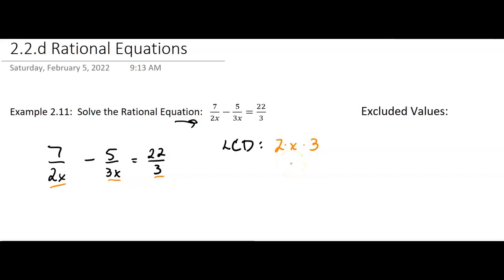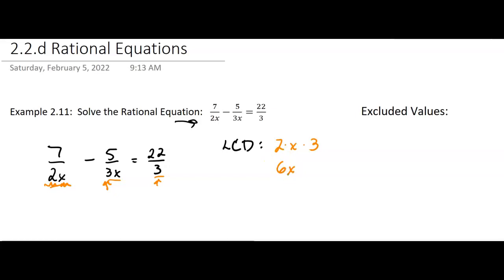But here I need a factor of 3 because I didn't have one yet. I don't need another factor of x. I've got one and I don't need any more. And then here, well, I've already got a factor of 3, so I'm okay. So my LCD is going to be 6x.